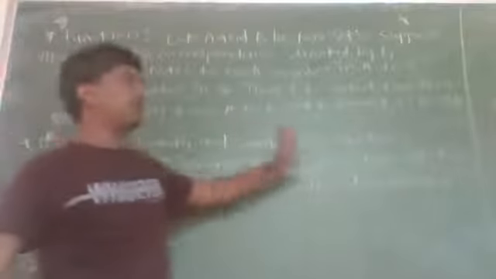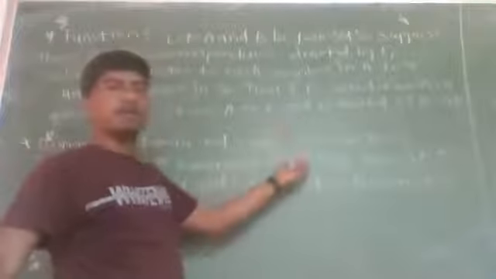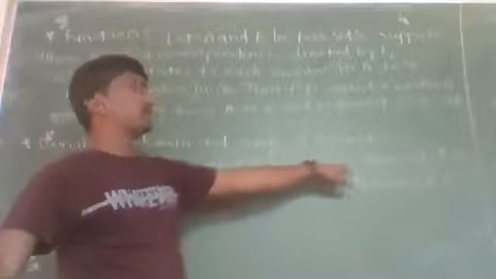The domain and codomain of a function f are nothing but this: if f is a function from set A to set B, then set A is called the domain of the function and B is called the codomain of the function.